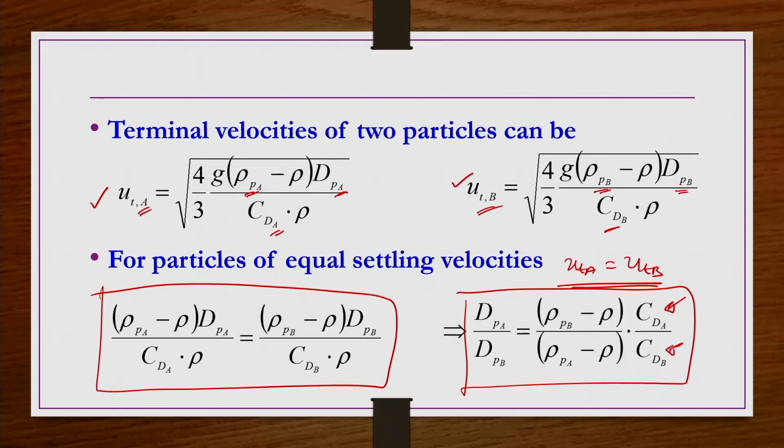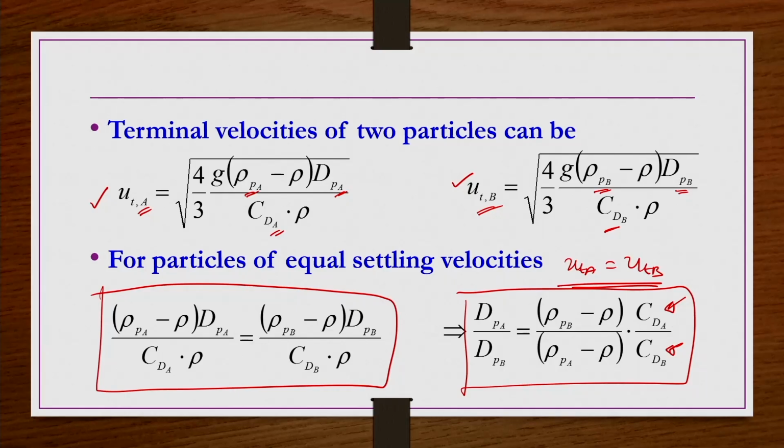So, this is the generalized one without taking any assumptions of Stokes or Newton's flow regime. That is the reason CdA and CdB are written as they are. CdA is the drag coefficient for the A particle, CdB is the drag coefficient for the B particle. UTA is the terminal velocity of A particle, and UTB is the terminal velocity of the B particle.